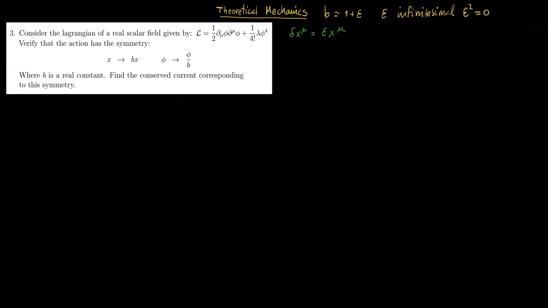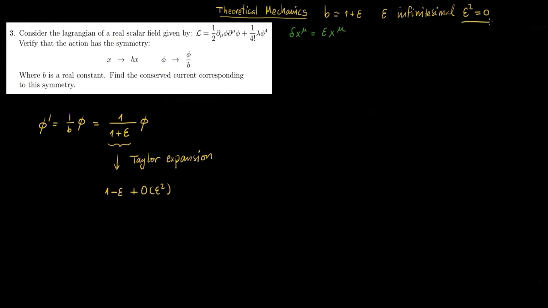So regarding the scalar field, the transformation is phi prime equals 1 over b times phi, but b equals 1 plus epsilon. And if we do a Taylor expansion, you can check that this is 1 minus epsilon plus epsilon squared terms, and we can make this quantity equal 0.